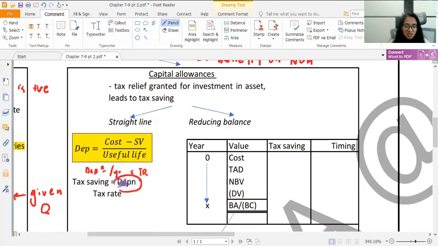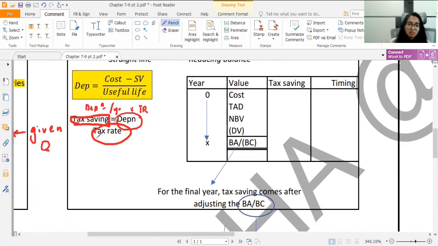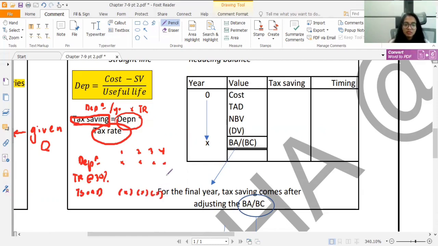I just want to remind you that the tax saving on a yearly basis is constant. Why? Because with the straight line basis, year 1, 2, 3, 4, 5 and so on have the same depreciation value. Your tax rate is also constant, let's say at 30%, hence your tax saving on depreciation will be the exact same value.